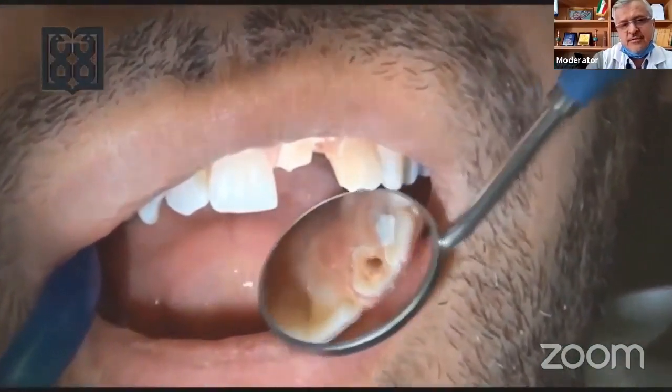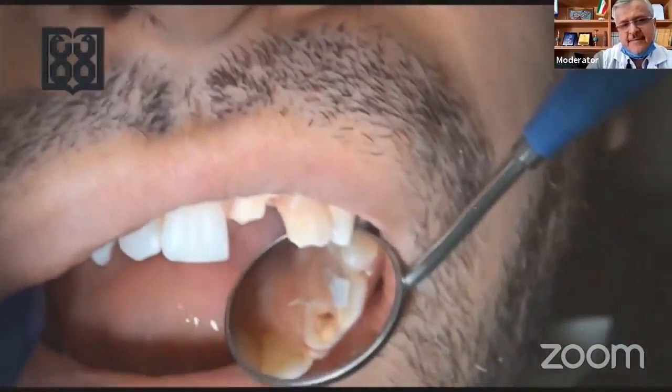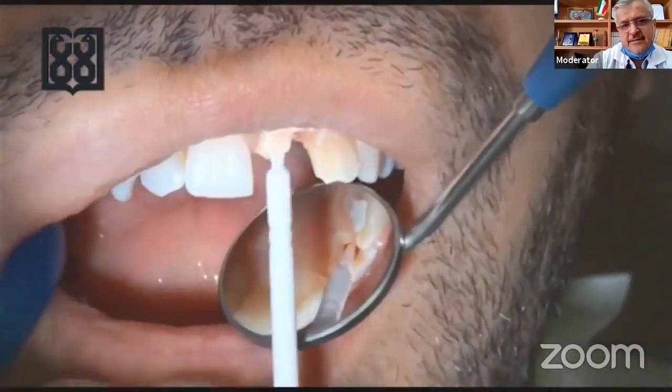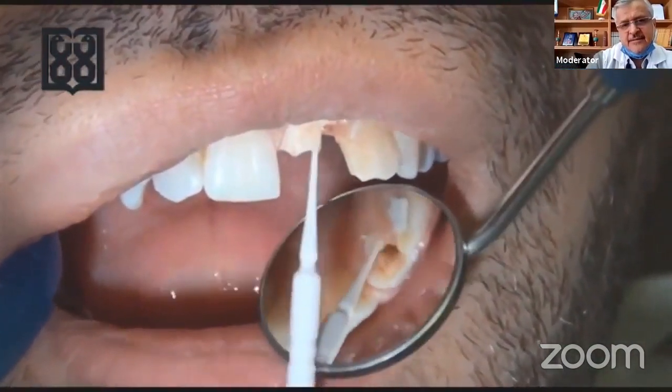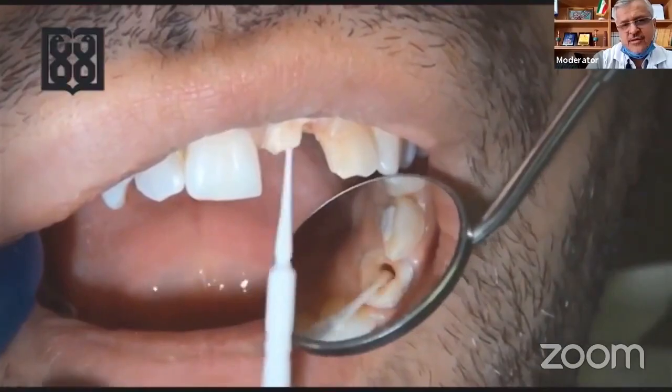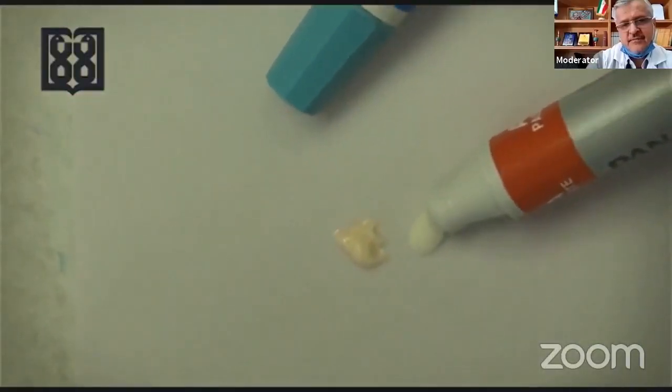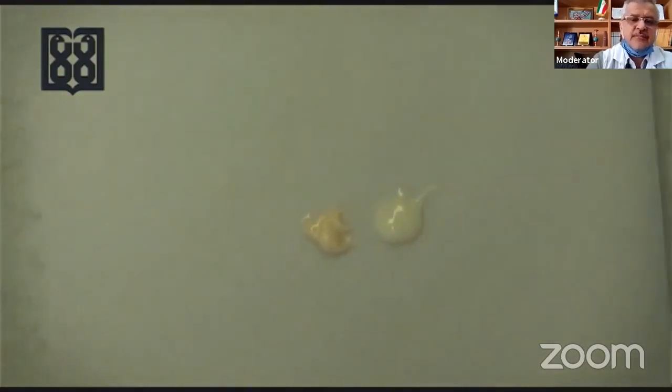I use primer on the tooth, on the tissue surface.